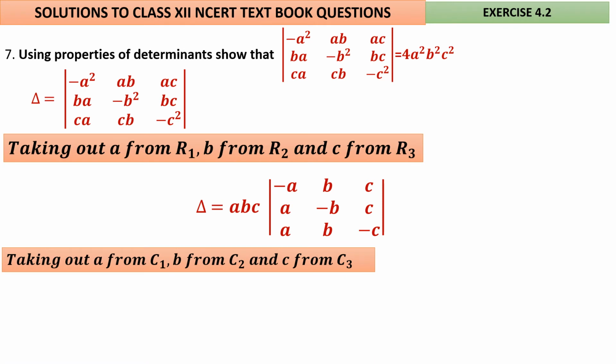Once again, you take a from C1, b from C2 and c from C3. Therefore, already a, b, c you have. Therefore, what will happen? a square, b square, c square into the determinant minus 1, 1, 1; 1, minus 1, 1; 1, 1, minus 1. Now, you can expand the determinant now to get that 4. But if you want to make some zeros inside and then expand also, well and good.